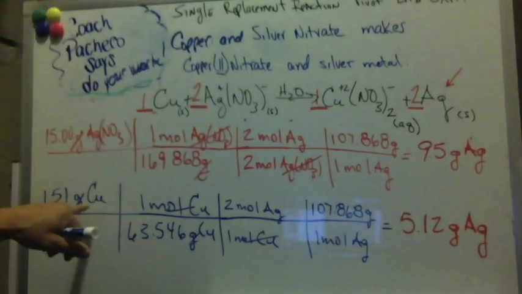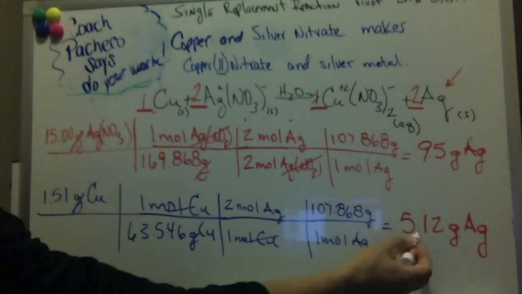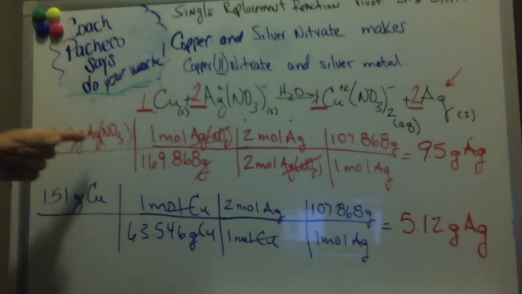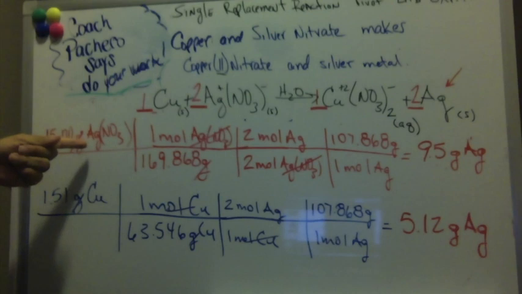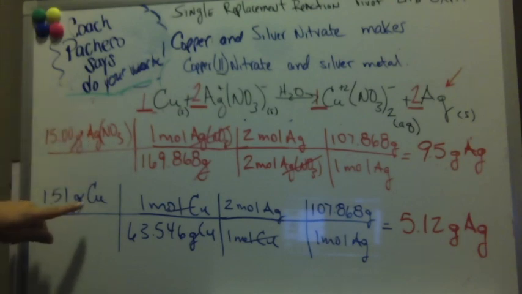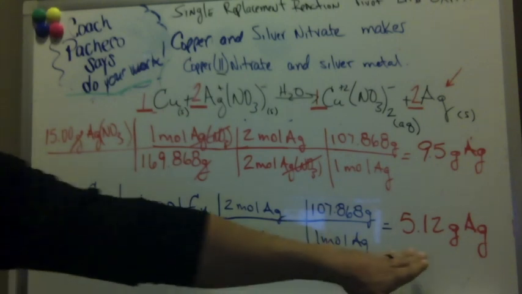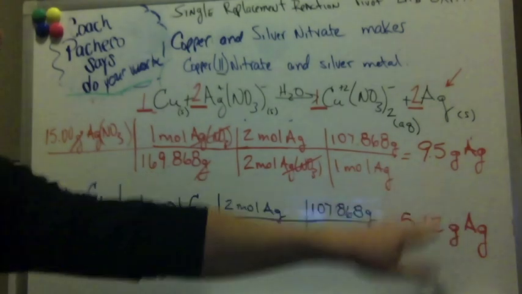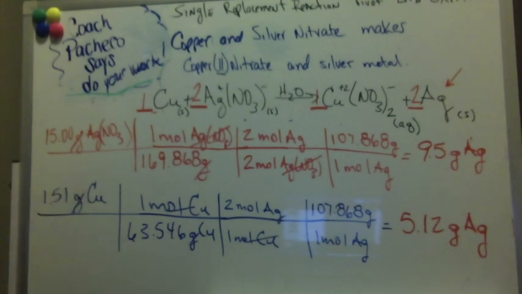Meaning, because I produce the smallest amount of silver, copper is my limiting reagent. In other words, we have more silver nitrate than what we need, meaning based on the amount of copper that we have, we can only make 5.12 grams of silver. Thus, because it is the smaller of the two, copper is my limiting reactant in this procedure.